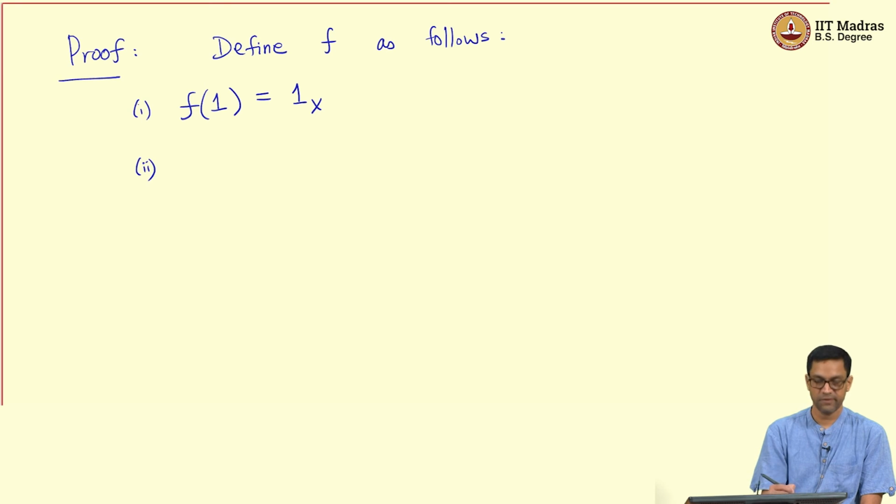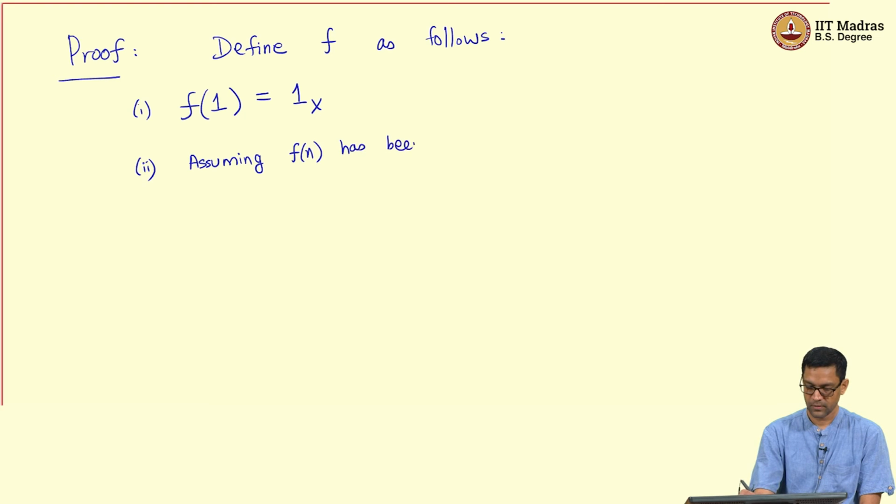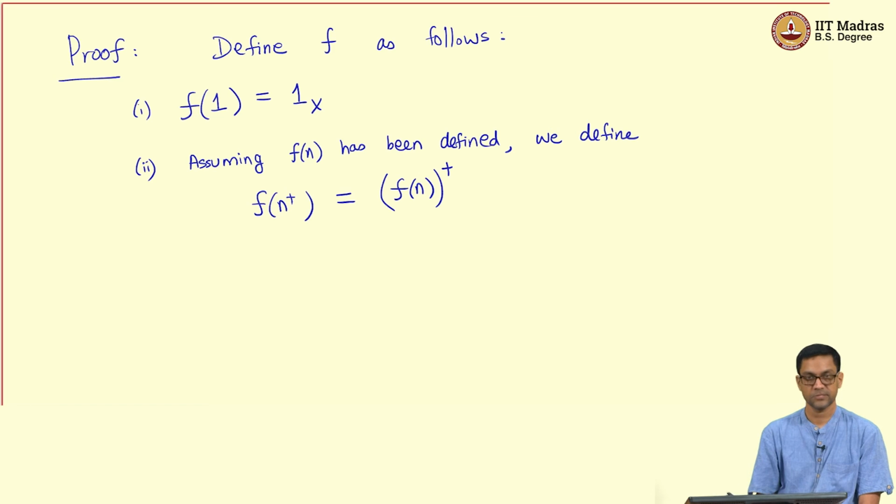This is a recursive definition or an inductive definition, assuming we know the value of f(n), assuming f(n) has been defined, we will define f of n plus, the next element, right. How do you define f on the successor of n? Well, this is just take f(n), which you have already defined, and then take its successor.